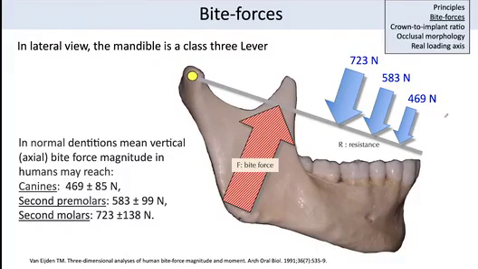Okay, bite force. You know that in lateral view, the mandible is like a class 3 lever. That means that the force is in the middle, here, between the center of rotation and the resistance here.